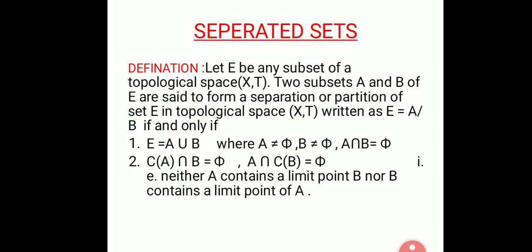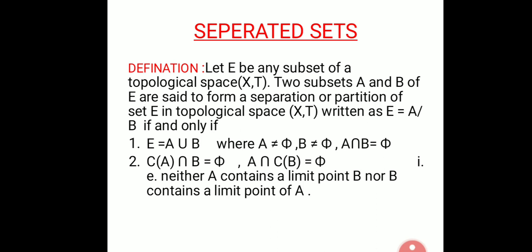So let's define. Let E be any subset of a topological space (X, T), then two subsets A and B of E are said to form a separation or partition of set E in topological space (X, T), which can be written as E = A ∪ B, if and only if it satisfies the following conditions.